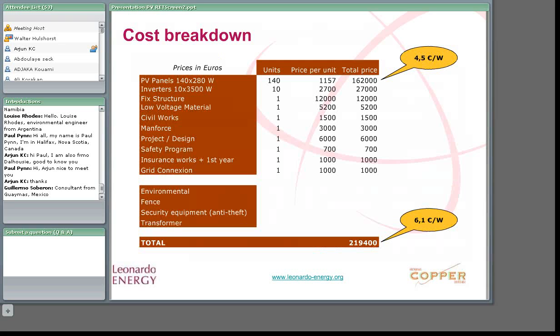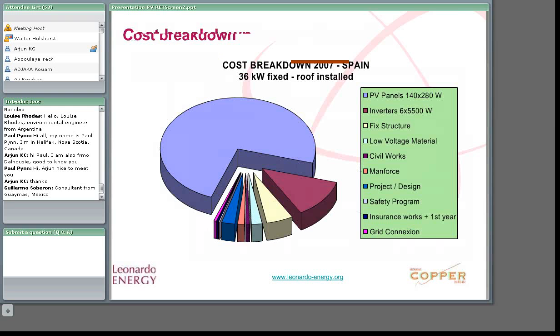The total installation was around 6.1 euros per watt for fixed structure, which is quite high for today's figures. Today we would be around 5 or even lower. So this is the cost breakdown, and we can see how PV panels are the biggest expenditure chapter.